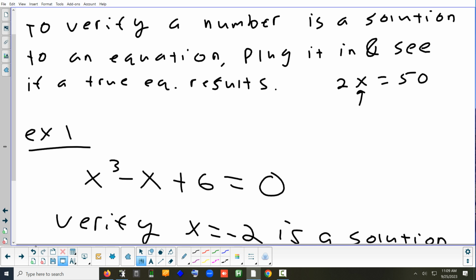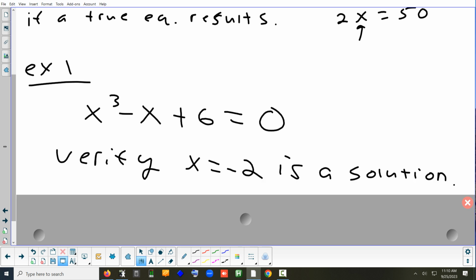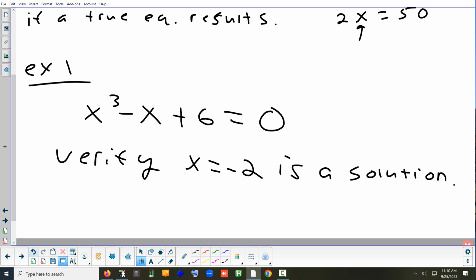Ideally we'd want to factor this, which could involve a little bit of long division or synthetic division. But we don't have to actually factor it. They just want us to verify that -2 is a solution. So it's basically just, let's check your answer.